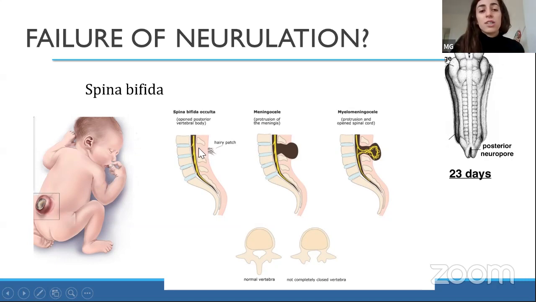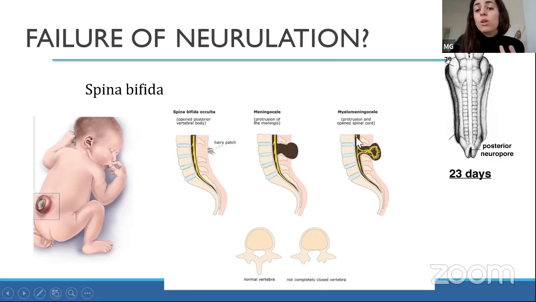If it doesn't close a bit, then it's just missing a bone, because the bone from the mesoderm is not going to form if the neural tube isn't completely sealed off, right? This is spina bifida, sort of like level 1. It's called occulta. It means it doesn't cause any problems. However, if a certain layer of the spinal cord is protruding, the meninges, it's called meningocele.